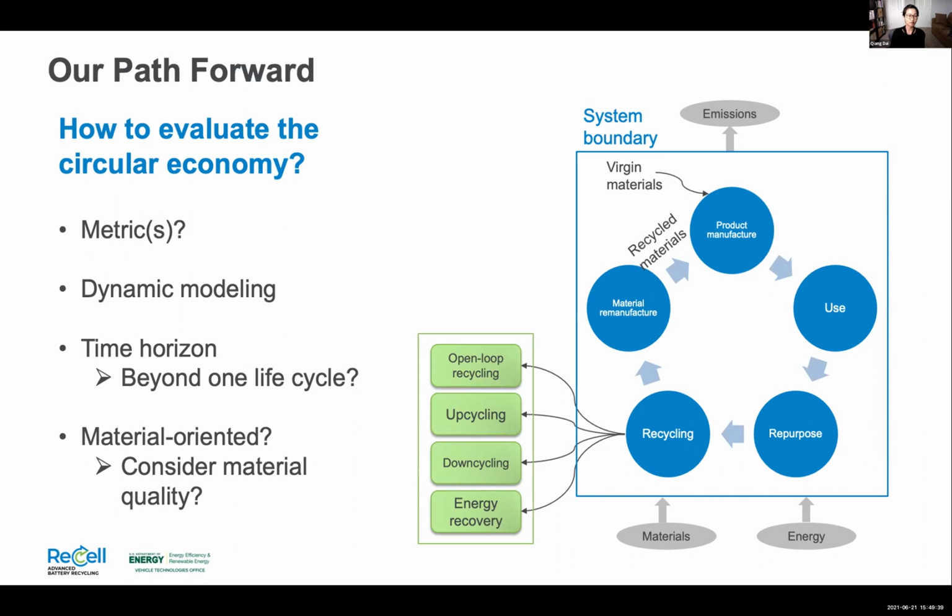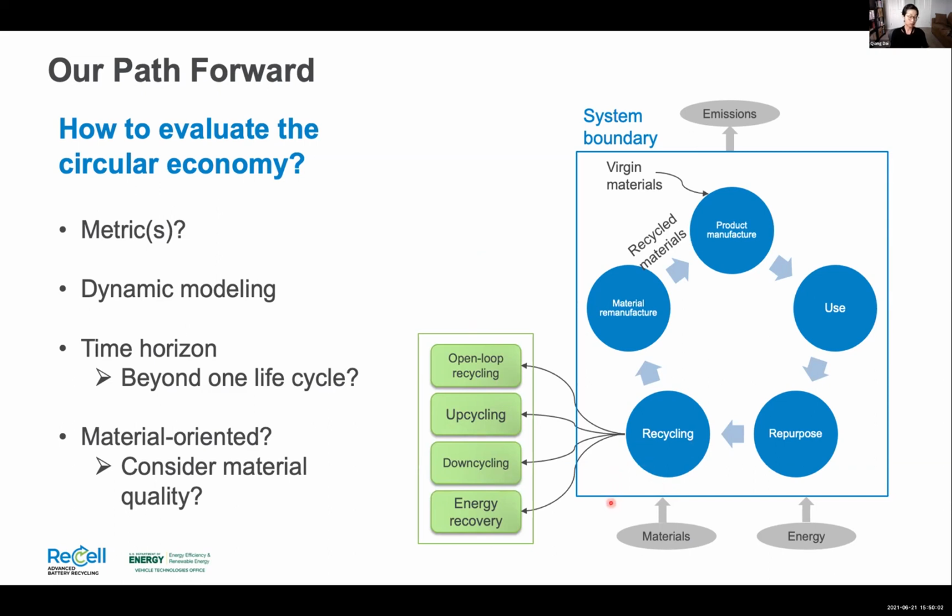For example, what metrics can we use. In my presentation, I have talked about the reduction for battery production or reduction achieved through recycling. But as you can see from this chart, recycling is only a small piece of the circular economy.